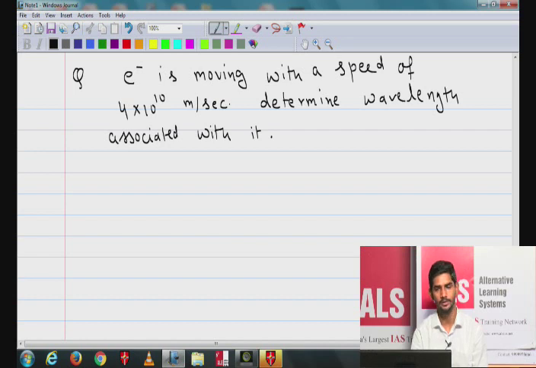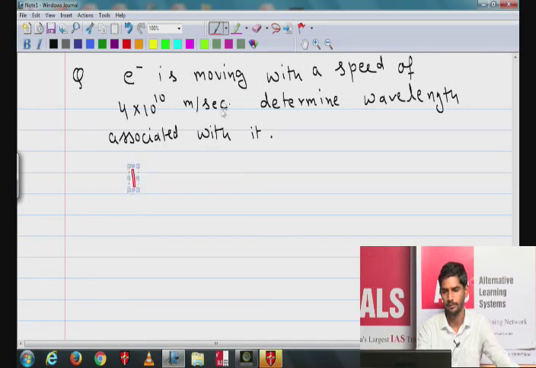I think it's quite an easy question. You can do it very easily. You have to just use the relation that we have just derived, that lambda should be equal to h upon mv.